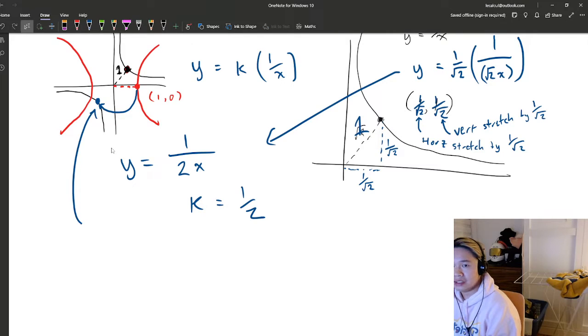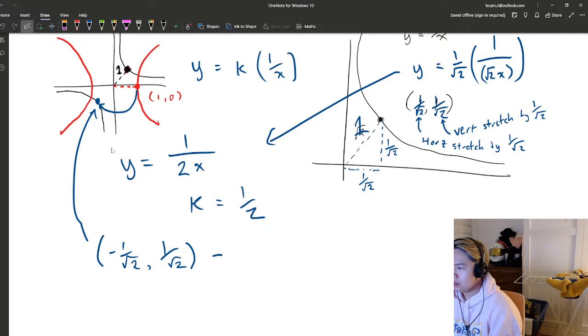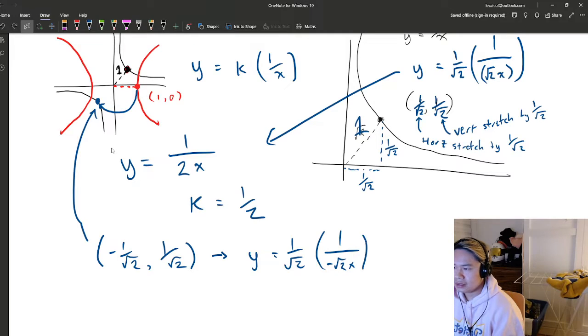If you want to rotate it, that coordinate needs to be negative 1 over root 2 and positive 1 over root 2. So your transformations are going to be 1 over root 2 and then negative root 2 over x. So we also have negative 1/2 as a possibility.